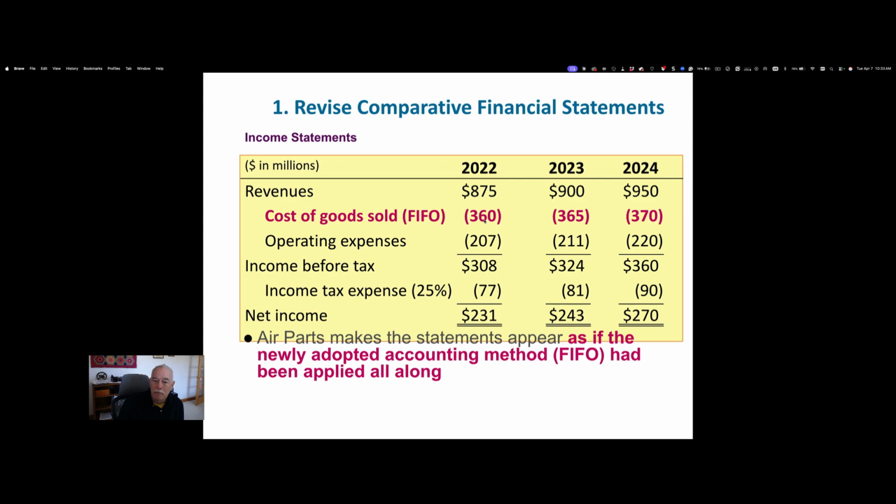We want to restate as if we've been using that all along, and we have revised income tax expense. Notice that we're not necessarily going to pay higher income tax until we change it for 2024 and going forward, but we're still going to have a higher tax expense for GAAP purposes. It's a deferred tax issue.